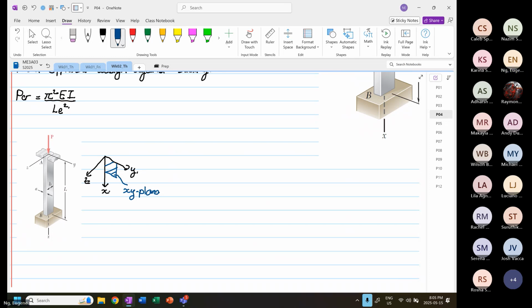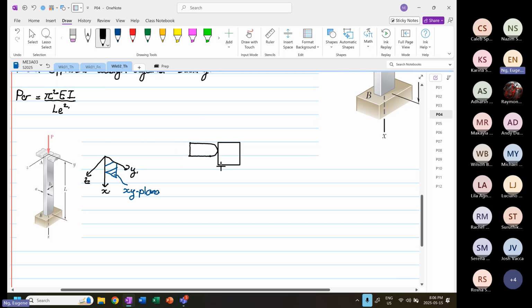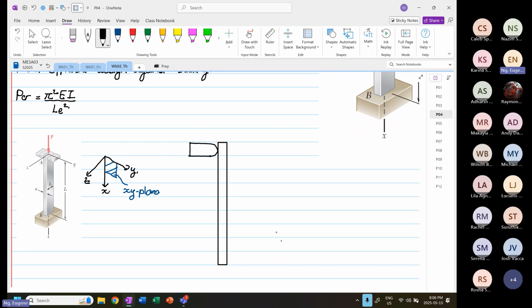So we have something like this. It says that at point A, this is rounded and it is smooth. It deliberately highlights that it is smooth. Then we have our beam, it looks like this. And then we highlight that it is smooth.